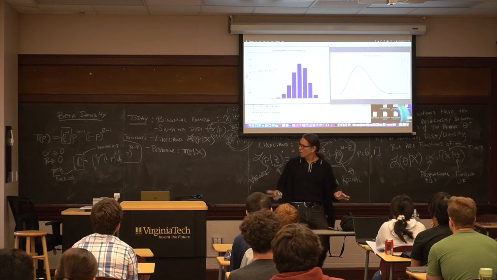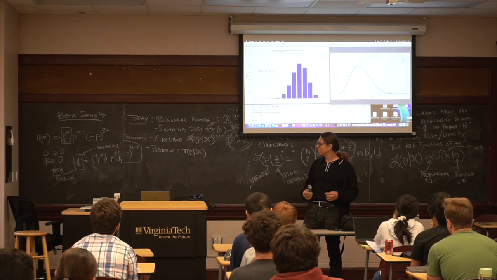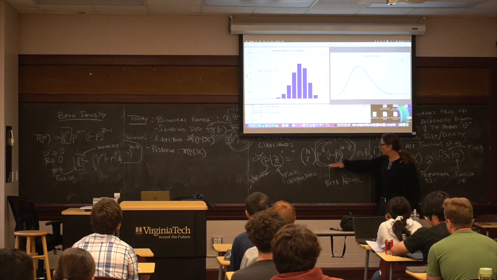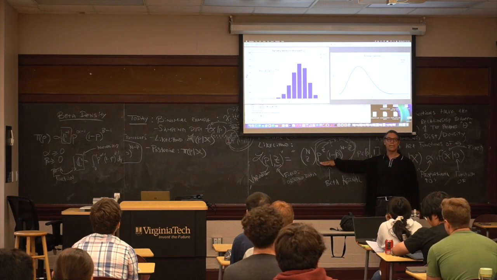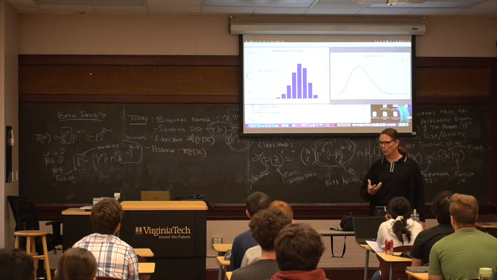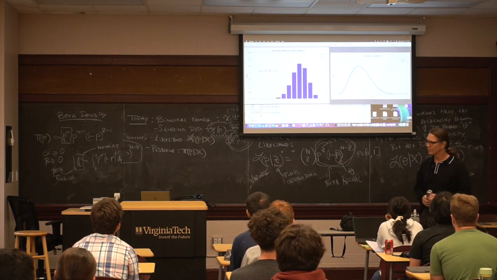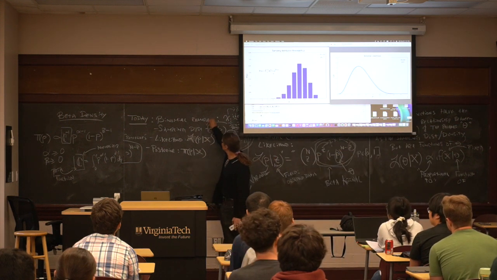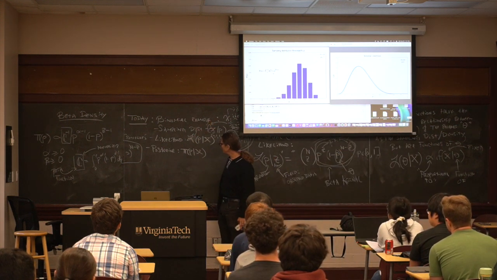Okay, so still moving really slowly. That's a beta density right there. So the kernel of the likelihood, the important stuff, the thing that gives it shape, looks like a beta. So we know this. We know what that is now.